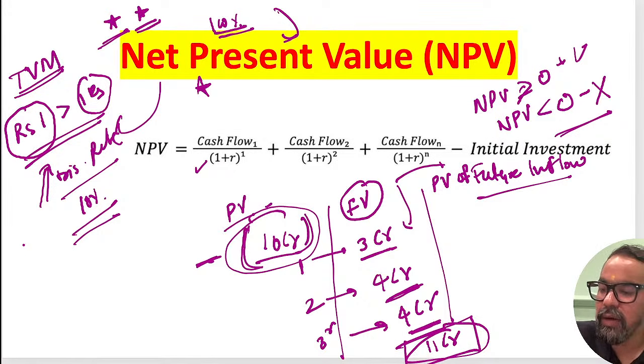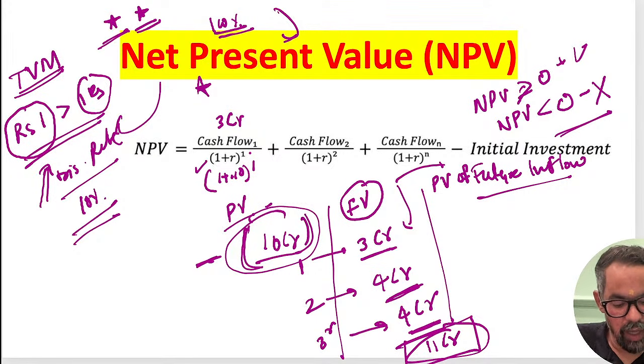The first year is 3 crores divided by (1 plus R), that is 1 plus 10% to the power 1. So if I solve this particular one, it will come around 3 crores divided by 1.10, which is equal to 27 lakh. 27. Okay, everyone, it is coming under this.